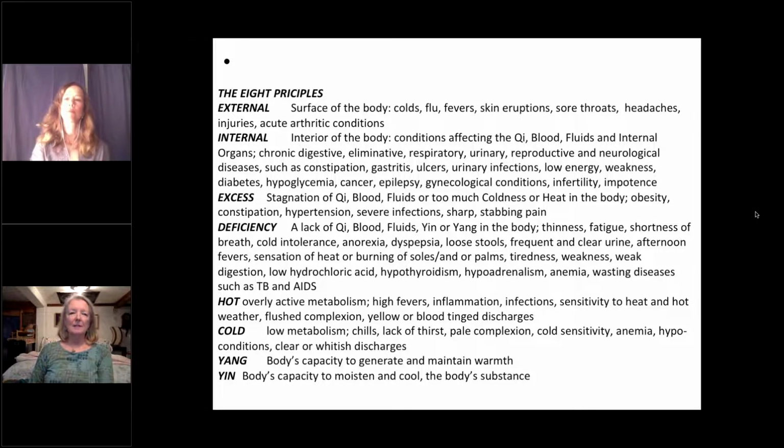Excellent question. It depends on how prevalent the chi stagnation is. If the chi stagnation is really strong in the body through signs and symptoms, you never, ever want to tonify. That's like adding more cars to the traffic jam. Astragalus is a tonic, and you want to only move chi. Some people have lack of energy and are tired all the time, but it's not from chi deficiency, it's from chi stagnation.